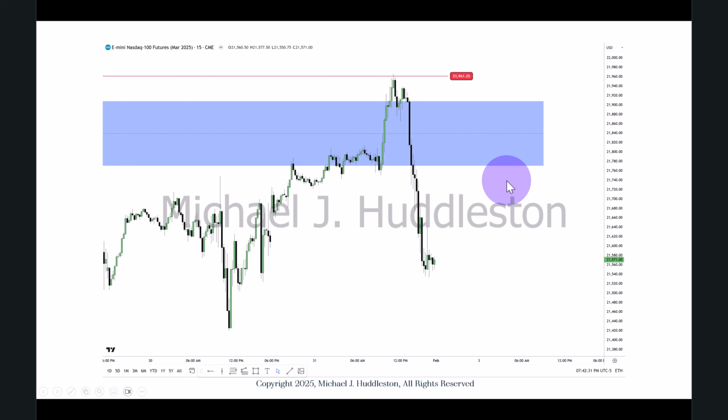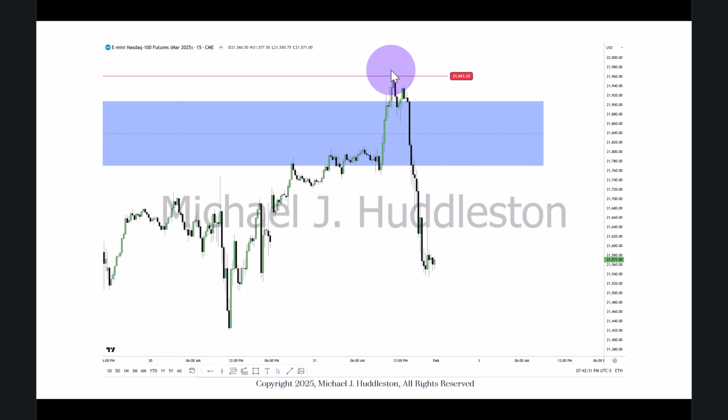Zooming in here on a 15-minute time frame, you can see how we consolidated here, rallied up, and then hit the middle of the weekly extreme that we formed a high on at the previous Friday's midpoint or equilibrium.